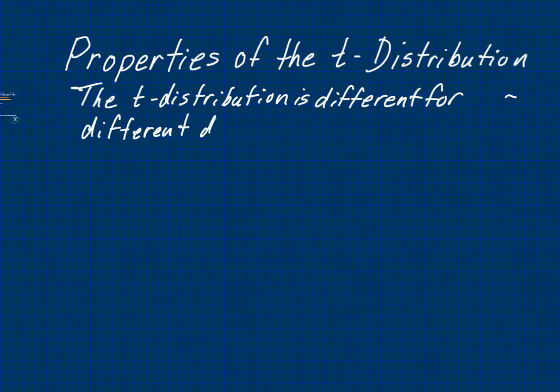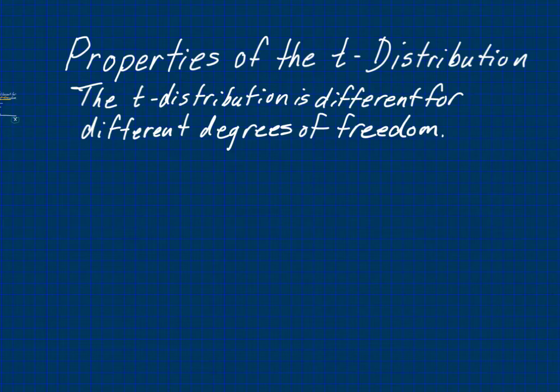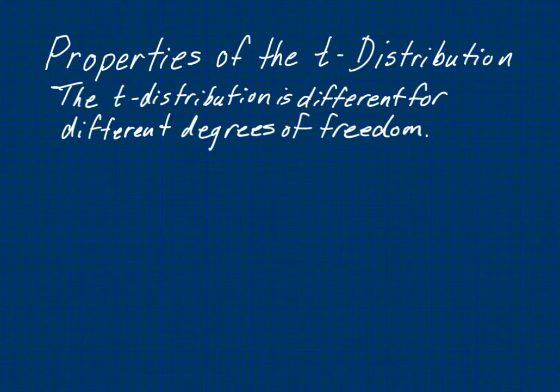Now that's a term we have mentioned before, but it's going to become even more important now because in the calculation we used it in previously, we calculated it a few times and then turned to our calculator and let it do it for us. Well, Mr. Gossett has developed the t-tables for you, but you still need to use degrees of freedom in order to interpret what's in the tables.